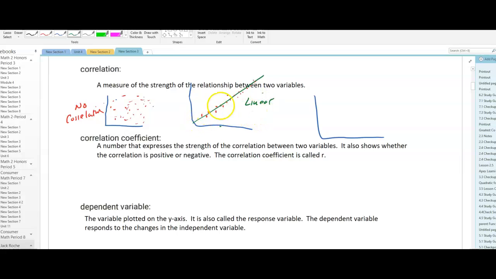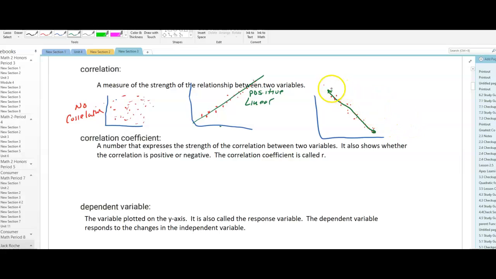Now, since you're going uphill or the slope of this line is positive, we say that this is a positive linear relationship. Okay, now, what happens if I have a relationship like this? Okay, again, can I draw a line through the middle of this data and come close to all the points or in the center of it?